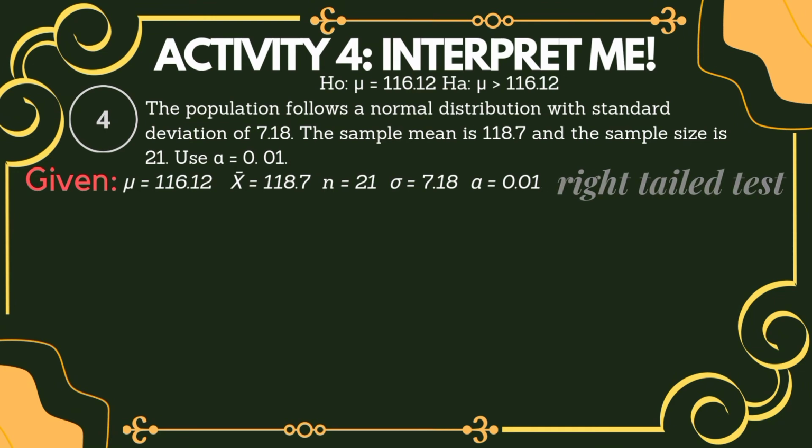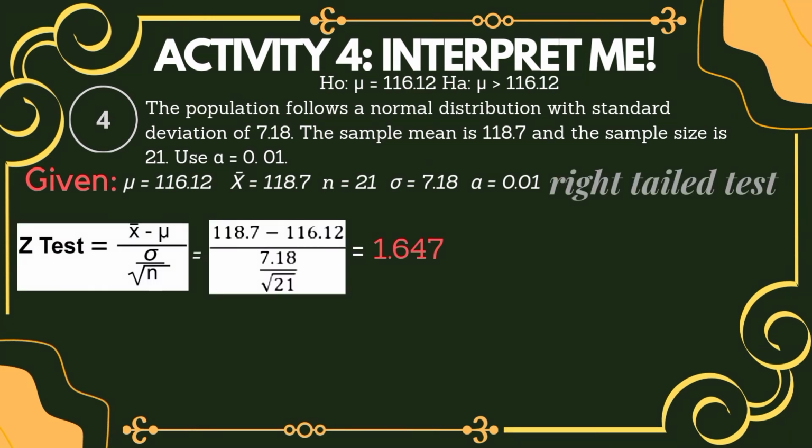Therefore, we are going to use the z-test formula. Substitute all the given, that will be 118.7 minus 116.12 divided by 7.18 over the square root of 21. Then we will have 1.647 as the z value.